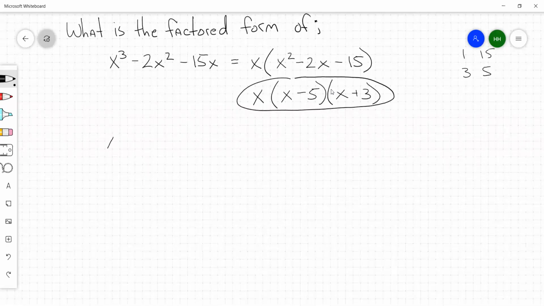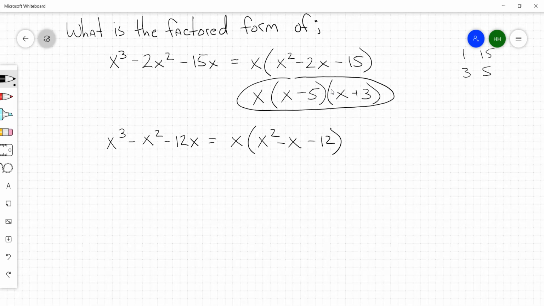If we got to factor x to the third minus x squared minus 12x. All right, again, each term has an x in it, so you can take the x out, and then you're left with x squared minus x minus 12.